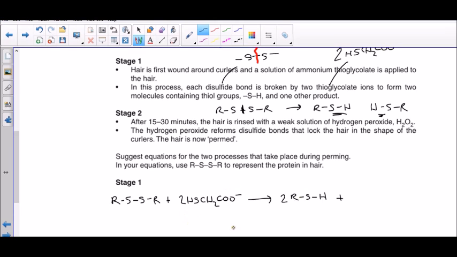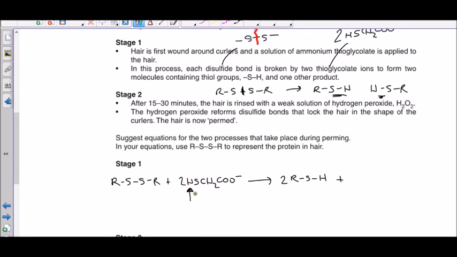If we look at what's happened, we can see that we gained two protons here, so we must have lost two protons from this molecule. There's no acidic proton here because we're dealing with the thioglycolate ion, so I'm going to say it's this proton here that's leaving from the thiol group.